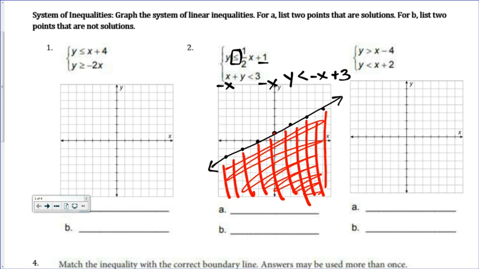So my y-intercept is 3, and my slope is negative 1. Since that is an inequality, I need to check my inequality sign because this is a less than. I am going to use a dashed line.